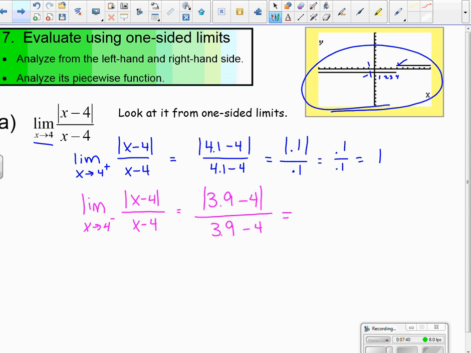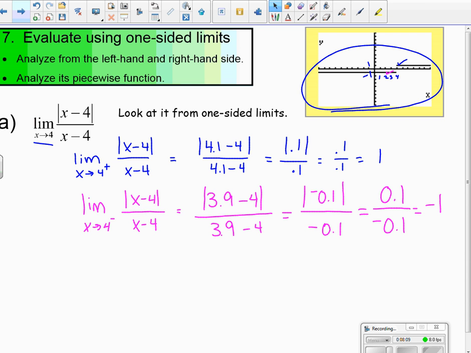On top, I'm going to have the absolute value of -0.1, and on the bottom, I'm going to have -0.1. If I take the absolute value on top, the top flips to a positive, but the bottom maintains its negative position, and I get -1 as my answer, and we can see the graph coming down below. When things are smaller than 4, it's going to be a negative answer.